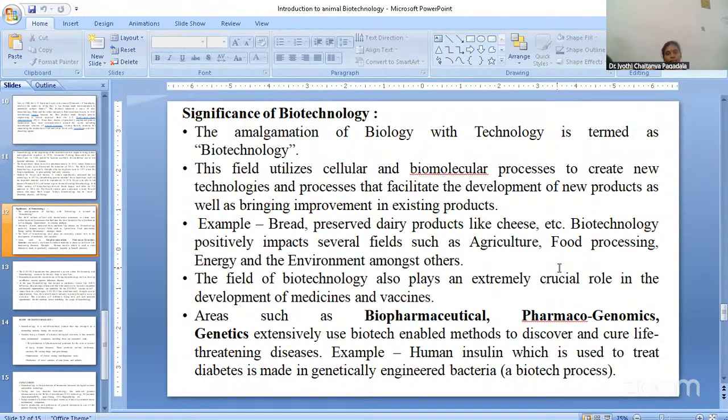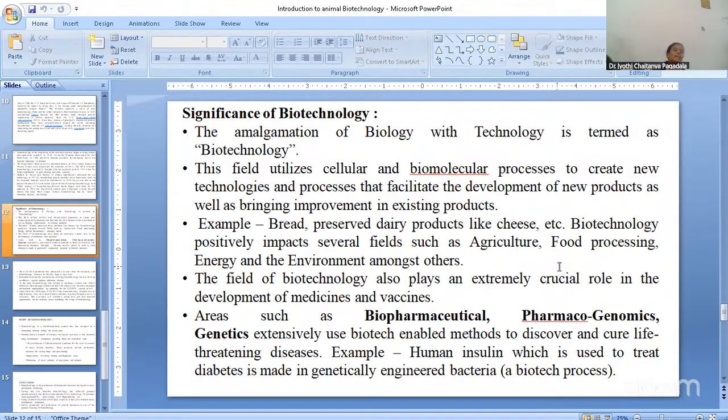It is the science which plays an extremely crucial role in the development of medicines and vaccines. The ones who are witnesses of COVID-19 know the taste of biotechnology, how biotechnology people worked on the production of vaccines. So we are here today discussing biotechnology because we are witnesses of COVID-19.